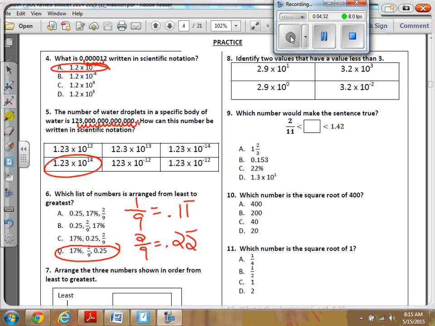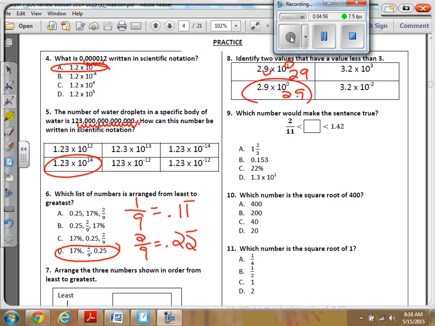So 8 says identify 2 values that have a value less than 3. What is 2.9 times 10 to the 1? 29, because you said the exponent tells you to move the decimal 1 time. So that's 29. Is that less than 3? No. Okay, 2.9 times 10 to the 0. How many times do I move the decimal? 0. So it's just 2.9. Is that less than 3?